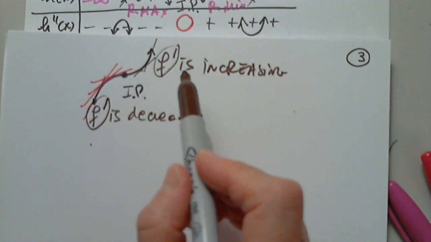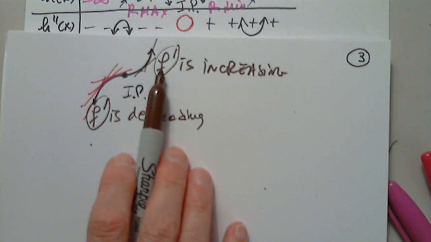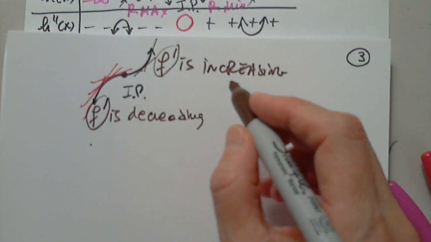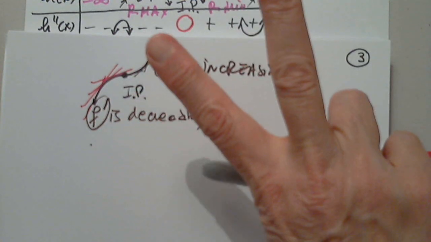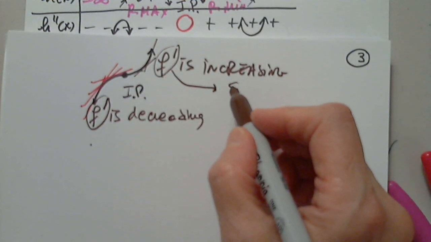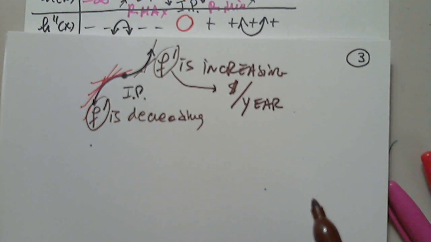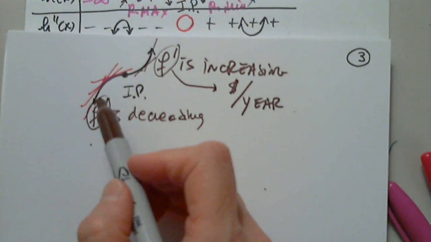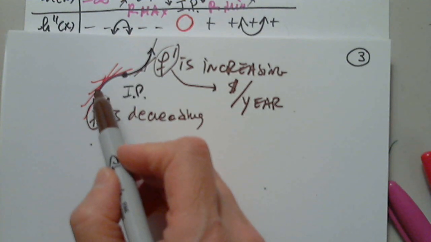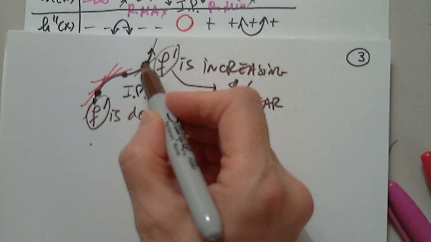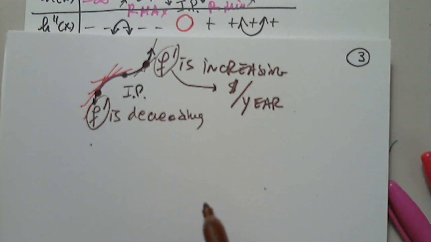Why is it important to know that the rate of change is increasing or decreasing? Here's an example. Let's say, because it's a rate of change, you have a salary per year. Would you prefer to be at this point, or would you prefer to be at this point with your salary per year?